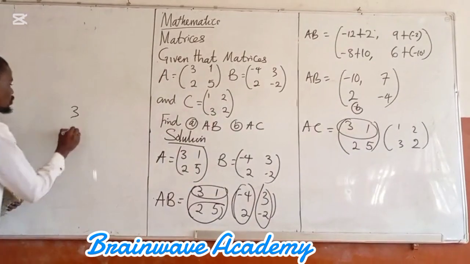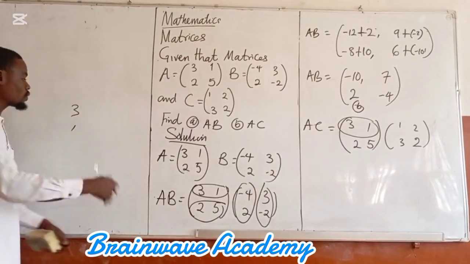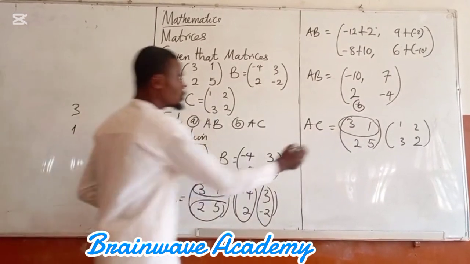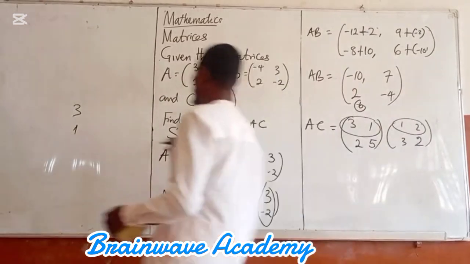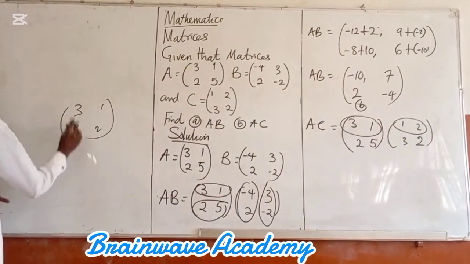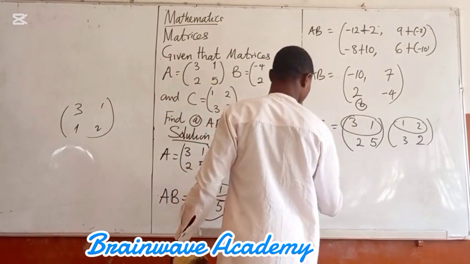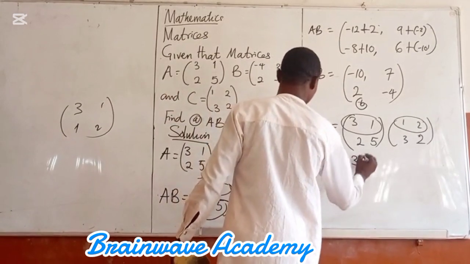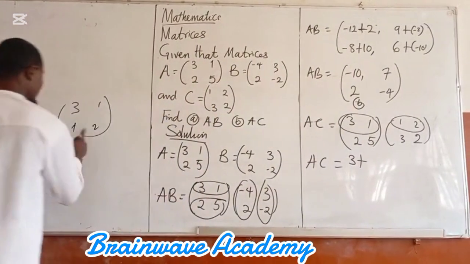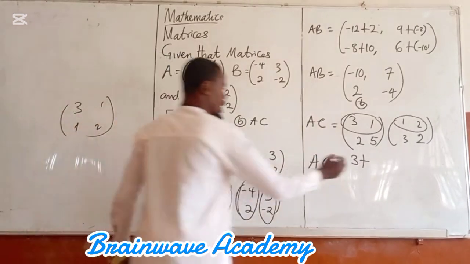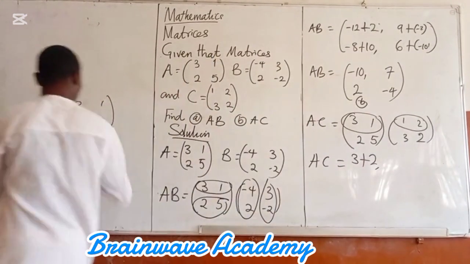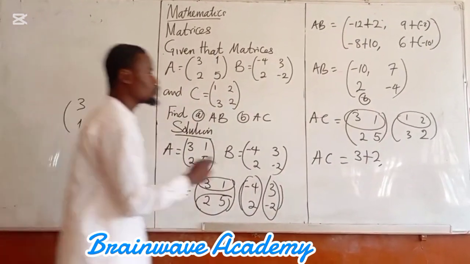I use the first row to multiply the first column and the second column. The first column here is 1 and 3. 3 times 1 is 3, plus 1 times 3 is 3. I'm done with the first column, then I replace it with the second column.